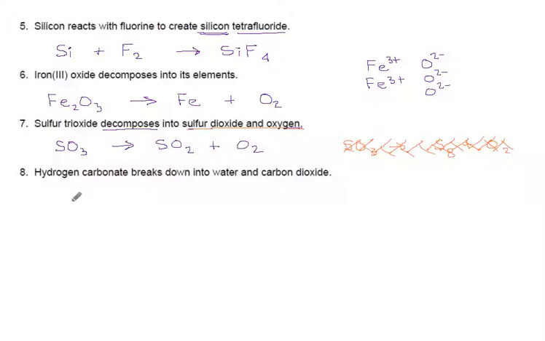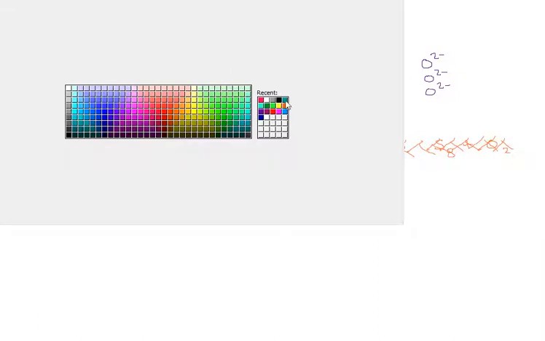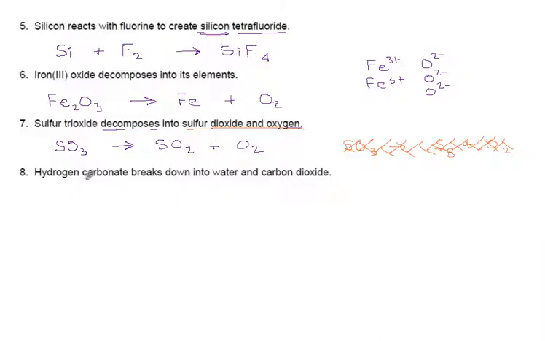And last one, hydrogen carbonate. That's a polyatomic. Carbonate, you will find on your periodic table in the polyatomic ion list, it's CO3 2-, and hydrogen ions are normally +1s. So hydrogen carbonate requires 2 of these, and it is H2CO3, right? 2 hydrogens to match the charge on a single carbonate ion.